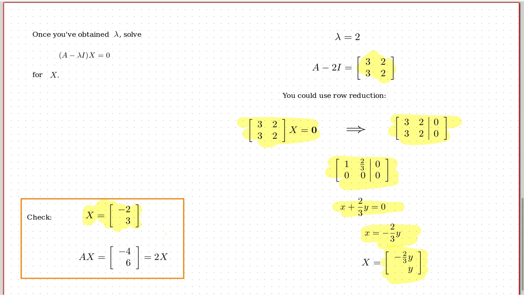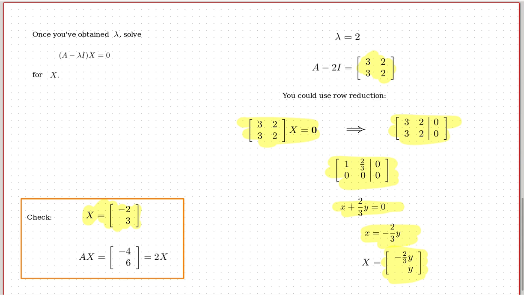We came up with the correct formula for the eigenvectors corresponding to eigenvalue 2, and then you could do something similar to find the eigenvectors with the other eigenvalue of 5. Okay? Now, of course, things get more complicated if you have a bigger matrix, if you have a 3 by 3 or 4 by 4, or 100 by 100 matrix.